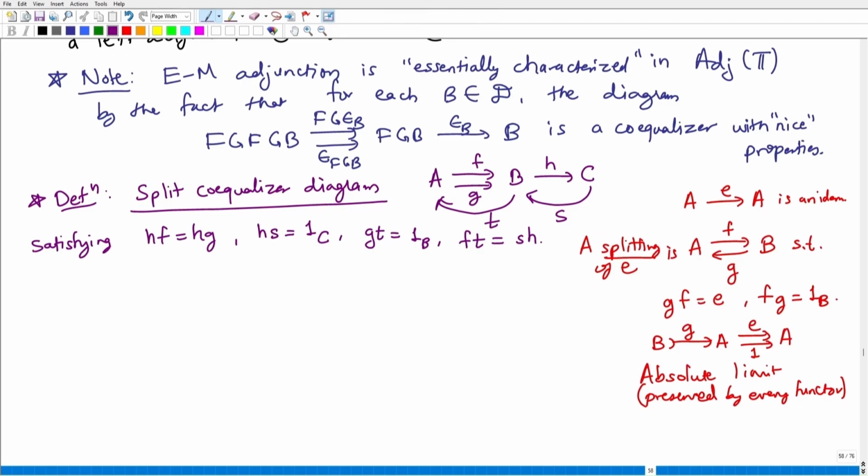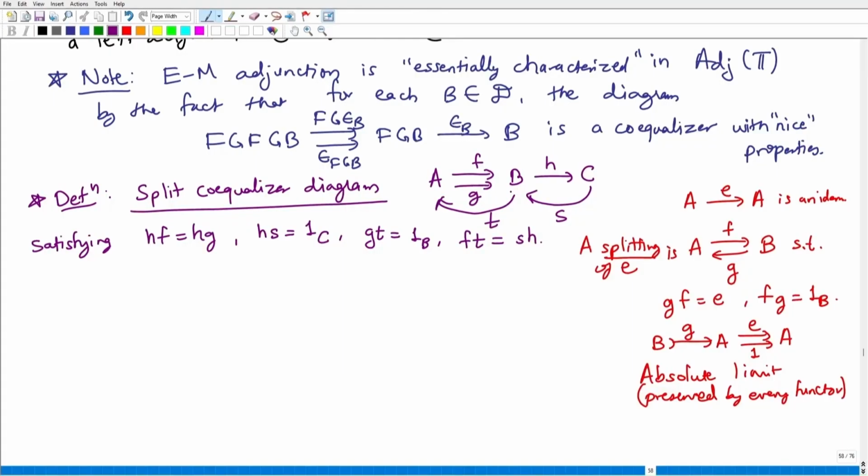Lots of equations. The simple way to remember this is that the outer rectangle commutes. Like you can start from B and then you can come back to B in two different ways. One is first take T then F, or take H and then S. So that commutes.